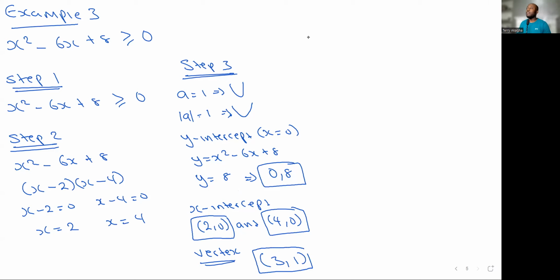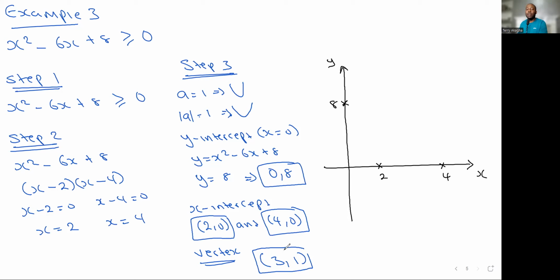Then let's draw the graph for this. All right, trying to draw a straight line. Yep, got it down. So we have the y-intercept. This is the y-axis, and this is the x-axis. The y is what? 8. So let me put 8 here. That is the y-intercept. The x-intercept is 2 and 4, so let me assume we have 2 here and 4 here.